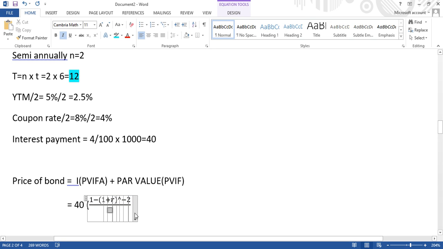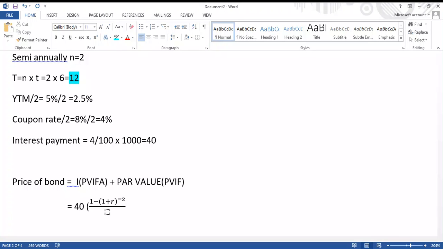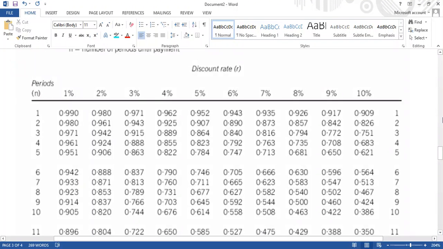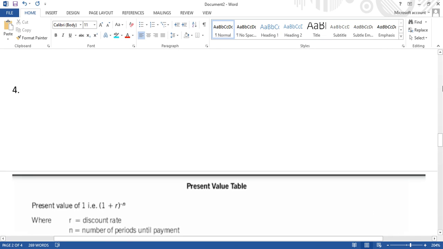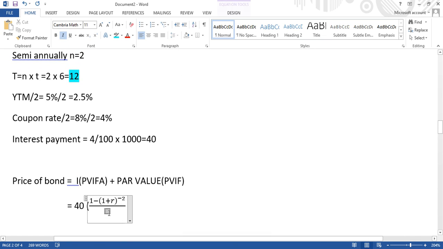Divided by r, plus our par value 1000 times our present value factor.